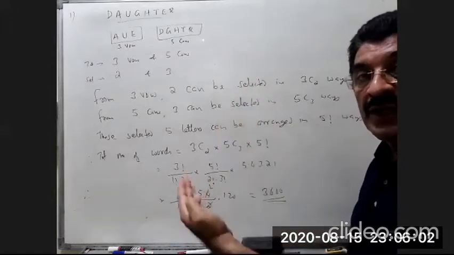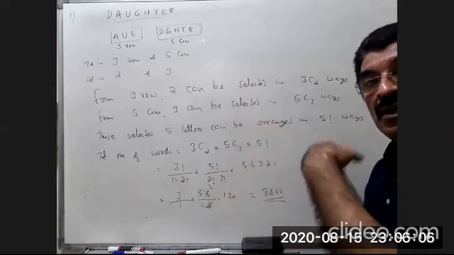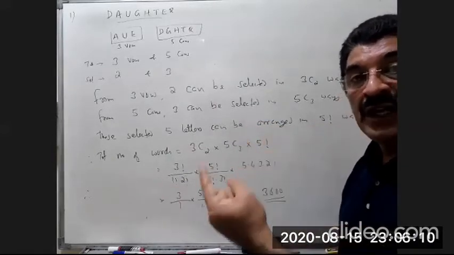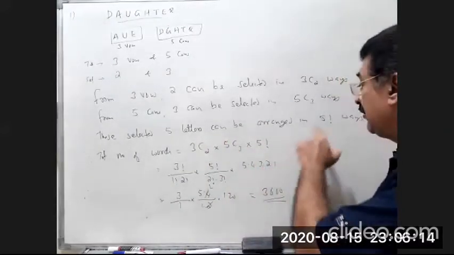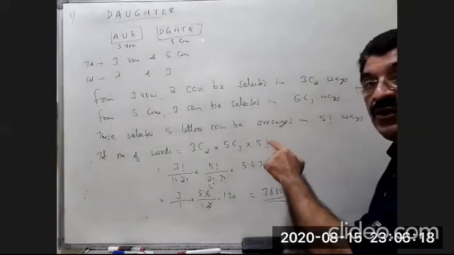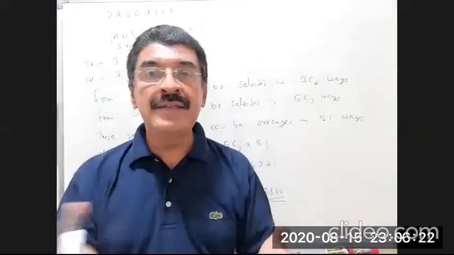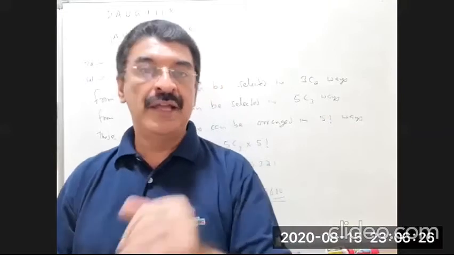From 5 letters, all can be arranged. Out of n things, r things can be arranged in nPr ways. Out of n things, all things can be arranged in nPn ways. So here 5P5 is 5 factorial. Generally, out of n things, if all are arranged, it is n factorial ways. We have a direct formula, n factorial.